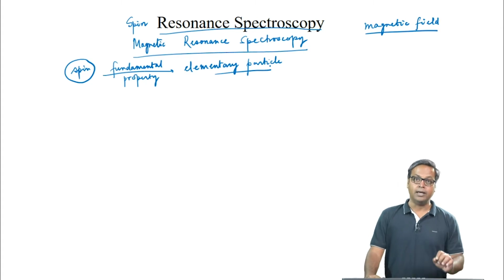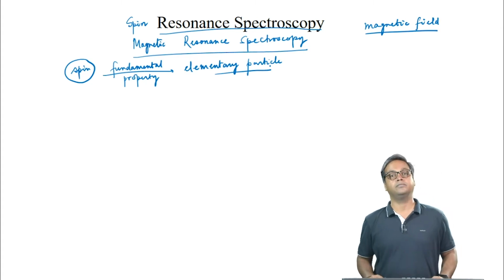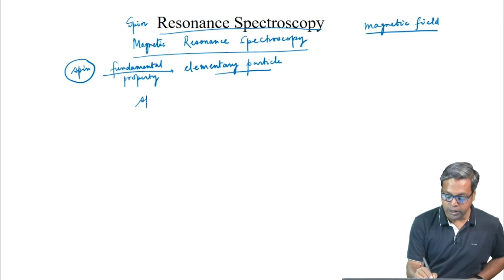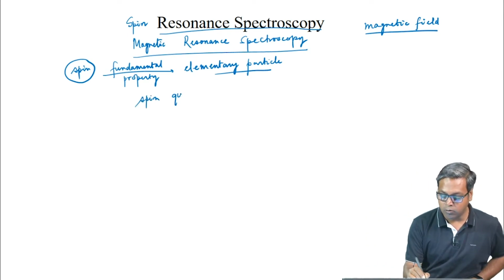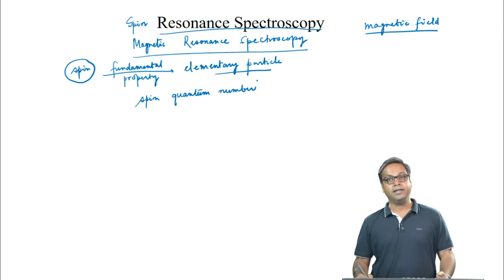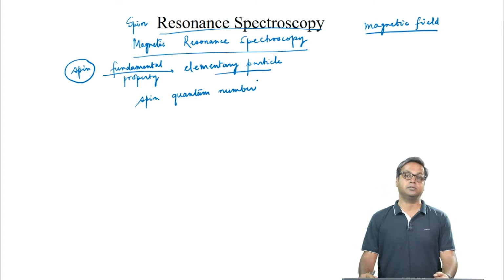The spin has no classical analog. So, the introduction of spin quantum number in quantum mechanics could explain many puzzling features.